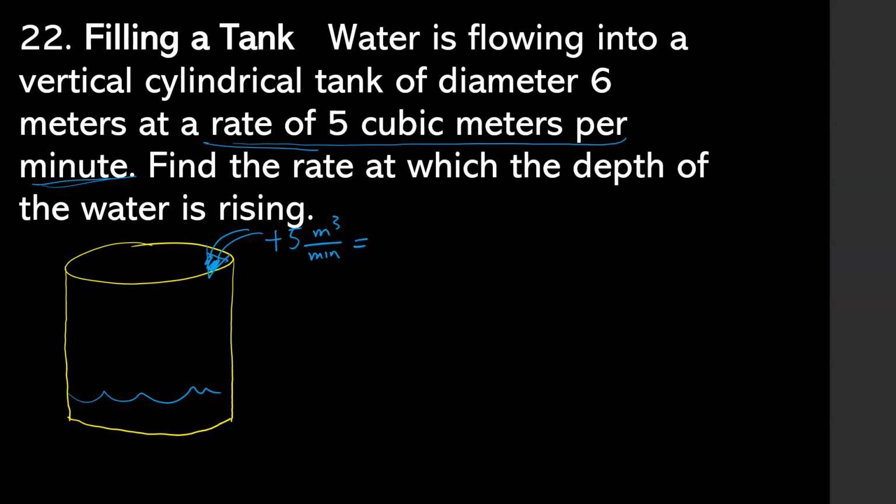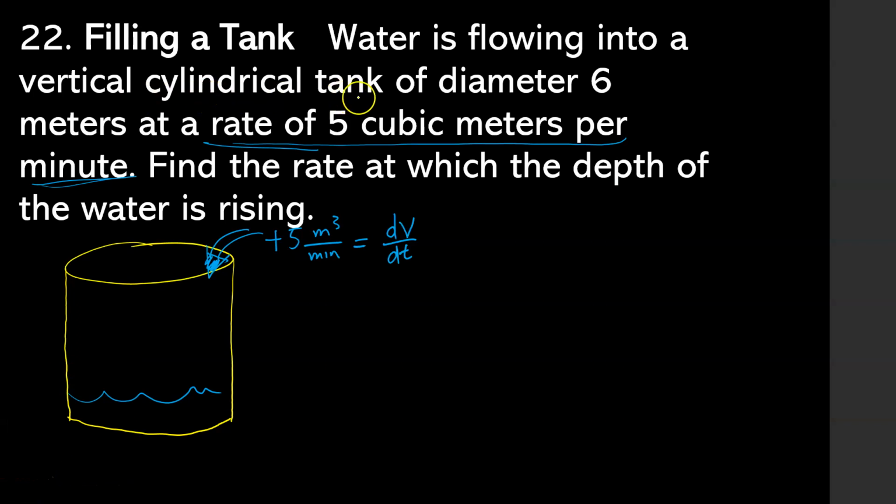And what could we call that? Water flowing into the tank, what sort of measurement would be measured in cubic meters? That would be a volume. So this is a change in volume over a change in time, dV over dt. Let's get back to yellow.